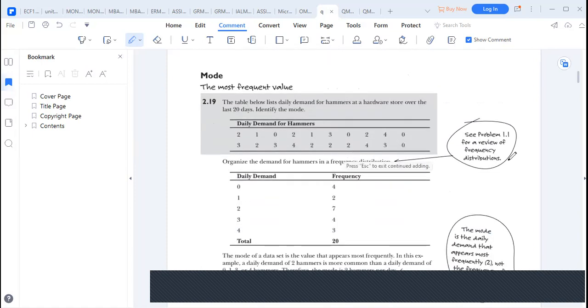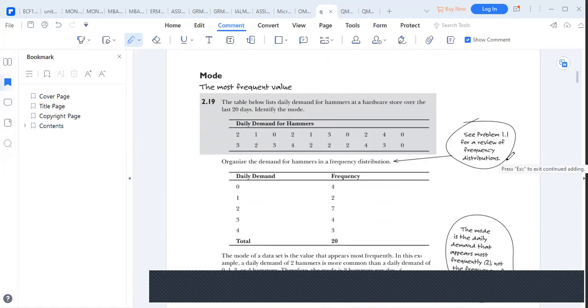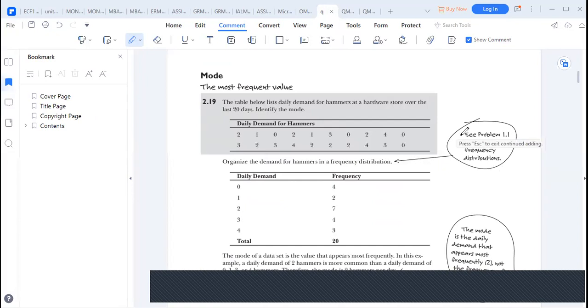Now we go to finding our mode. Mode means the highest frequency. So we've been given a table which has an average demand for hamburgers. So in this case here, we're going to come up with the frequency table. The zeros, the ones, the twos, the threes, and the fours.